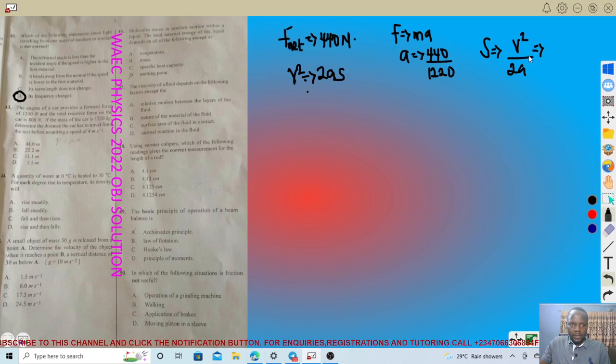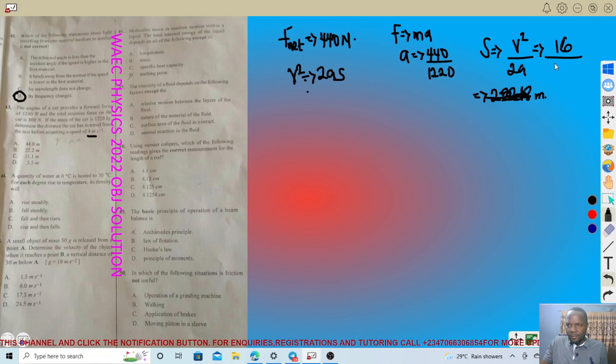So v squared will be 4 squared, which is 16, over 2 times a, which you can punch in: 440 divided by 1220, and I'm multiplying the answer by 2. That is 0.721. I'm dividing 16 by that answer, so the answer is 22.18, which is approximately 22.2. Is it 22.1? 22.